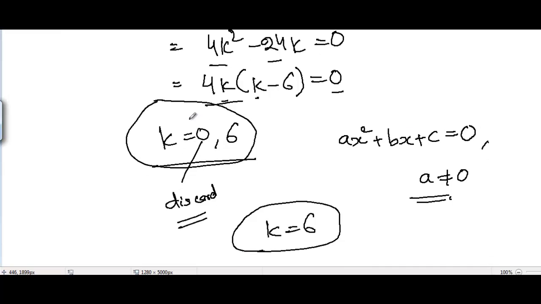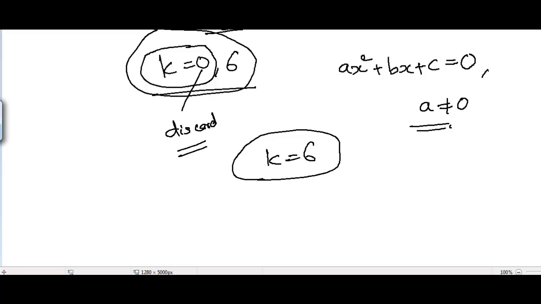I will repeat this again. Any equation in the form ax squared plus bx plus c equal to 0, where a is not equal to 0, or any equation of the form kx squared plus some number times x plus b equal to 0, where k is not equal to 0, is a quadratic equation.